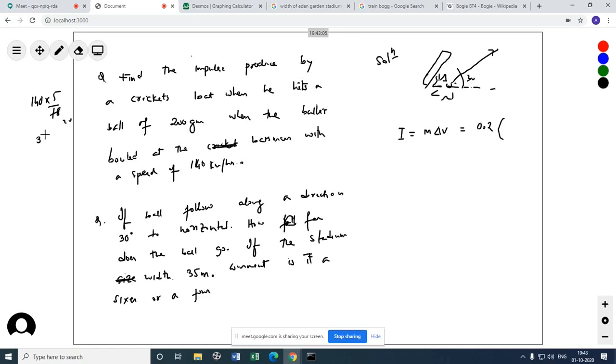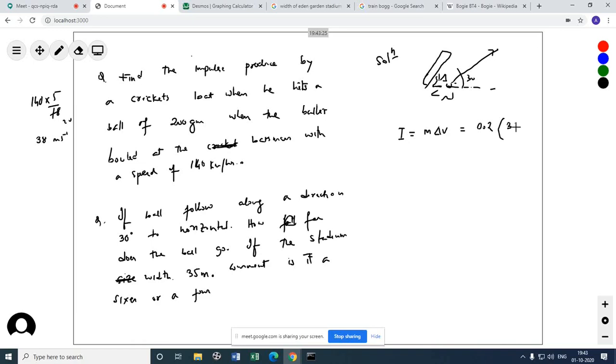So I'm getting 38 point something. Yes, it should be 38. Speed is 38 meter per second.